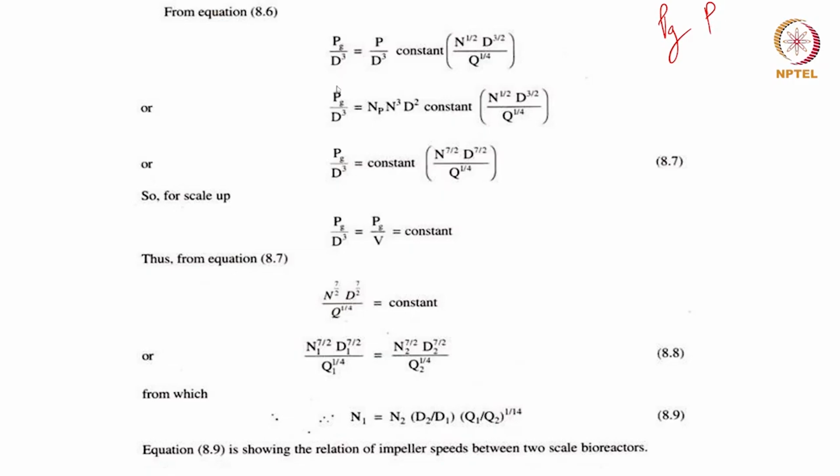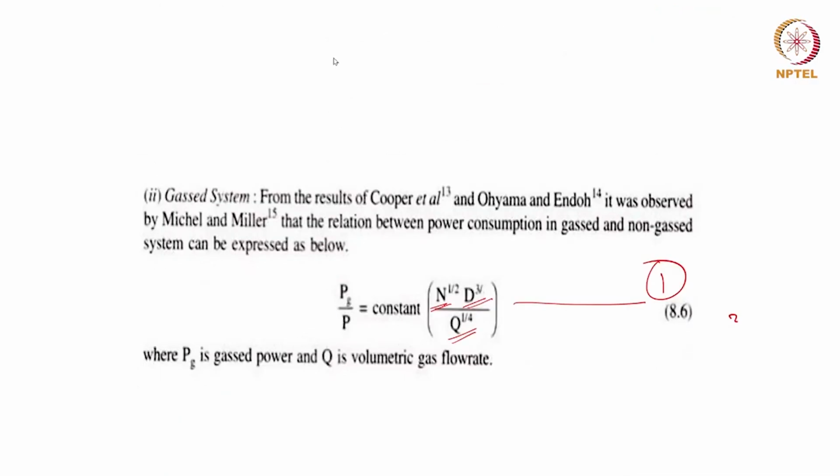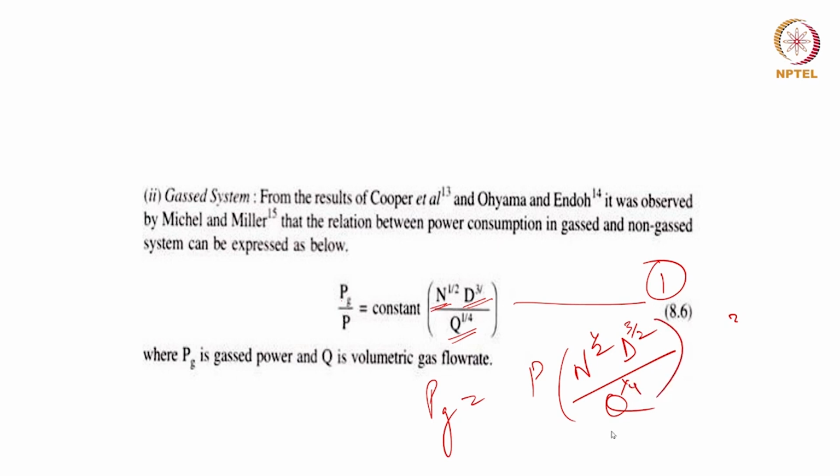So it is said that power per unit volume will be the scale up criteria, and from the previous equation, which we called as 1, we can relate the gas power requirement with the ungassed power requirement. So your gassed power requirement can be given as ungassed power requirement multiplied by this function involving the impeller speed, the diameter of the impeller and the volumetric gas flow rate.